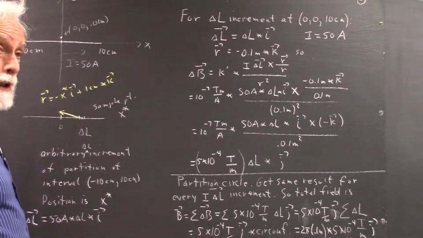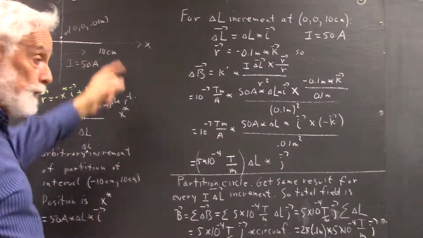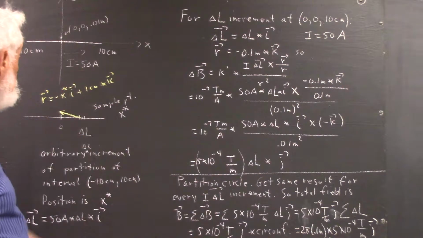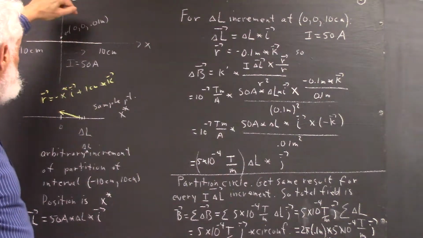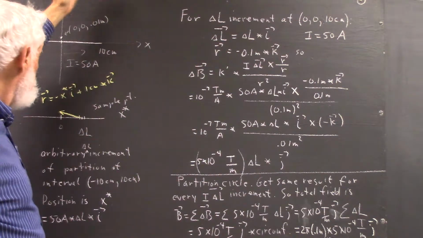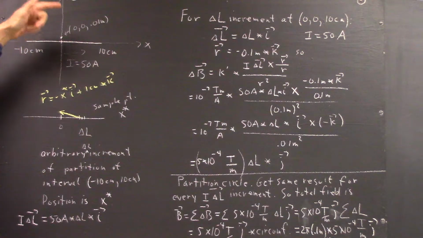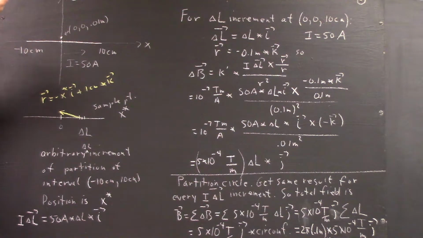The other is you want to find the magnetic field due to the current in this wire, which is given to be 50 amps, at the 0.01 meter. I might have said 1 centimeter, but of course, that's neither here nor there. But it's 0.01 meter, it's 1 centimeter.